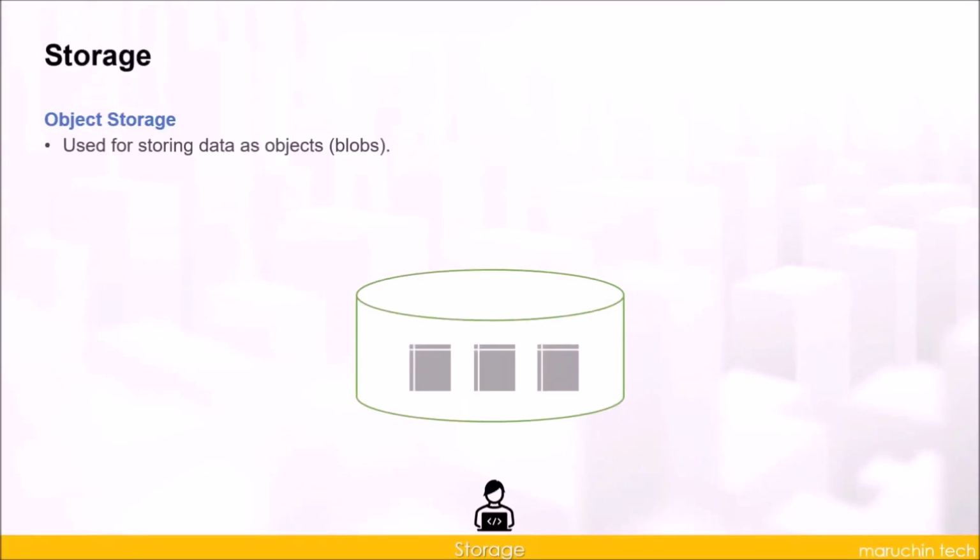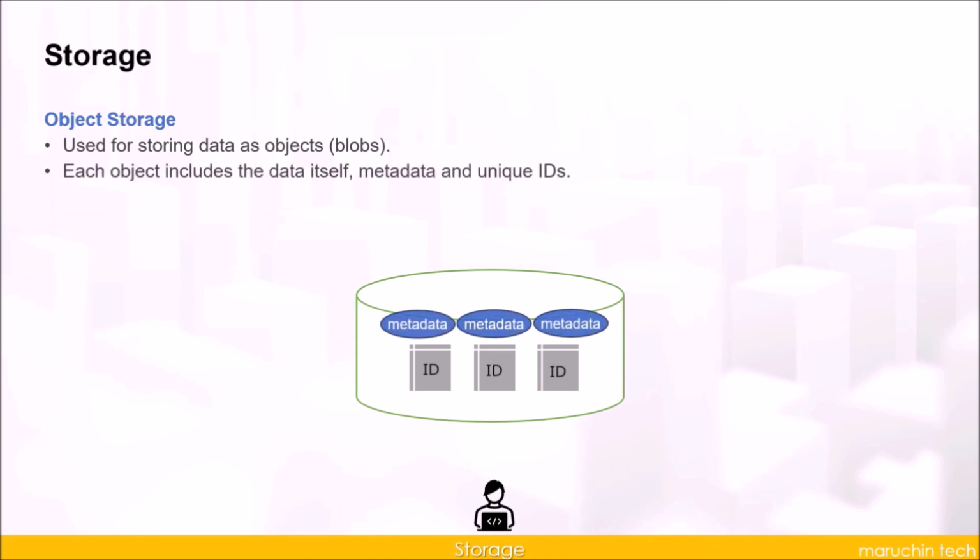Object storage is used for storing data as objects, which are also known as blobs. Each object typically includes the data itself, metadata, and a unique identifier. Object storage systems allow you to retrieve an object via HTTPS, which is used for web-based content.